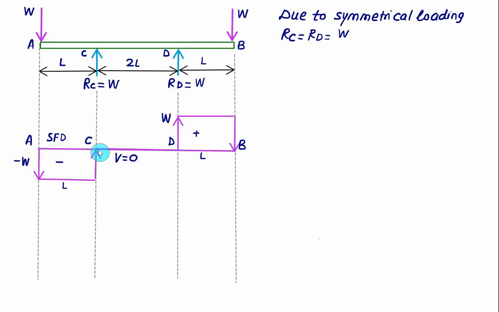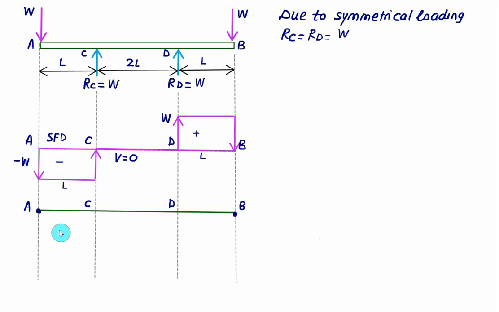If there is no change in the shear force diagram, then there is no change in the bending moment diagram. At point A no load is acting from the left side, so the bending moment at A will be 0. Similarly on the right hand side of B there is no load, so the bending moment will be equal to 0. The area of the shear force diagram is the bending moment diagram.